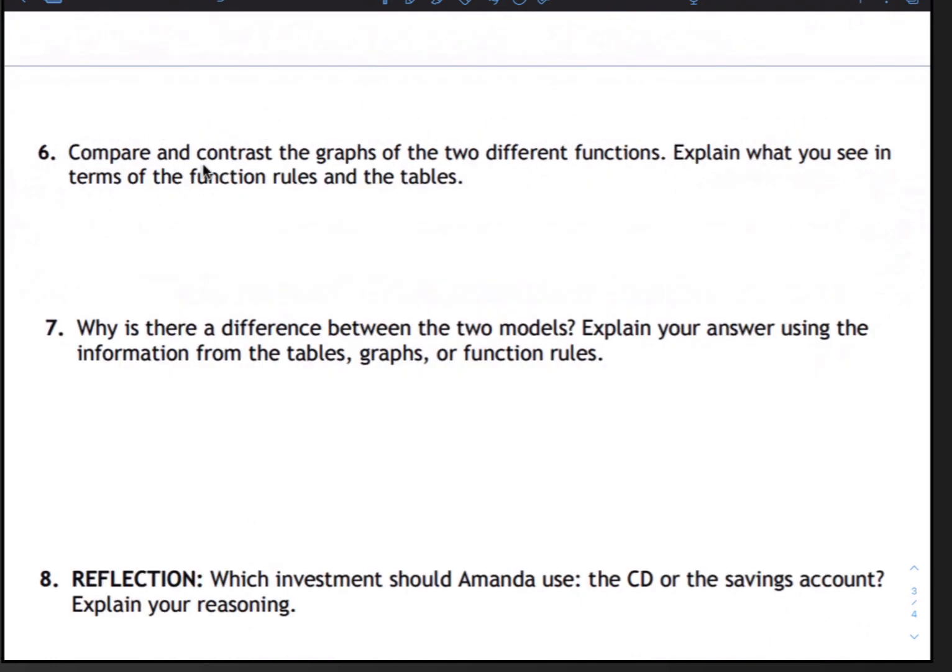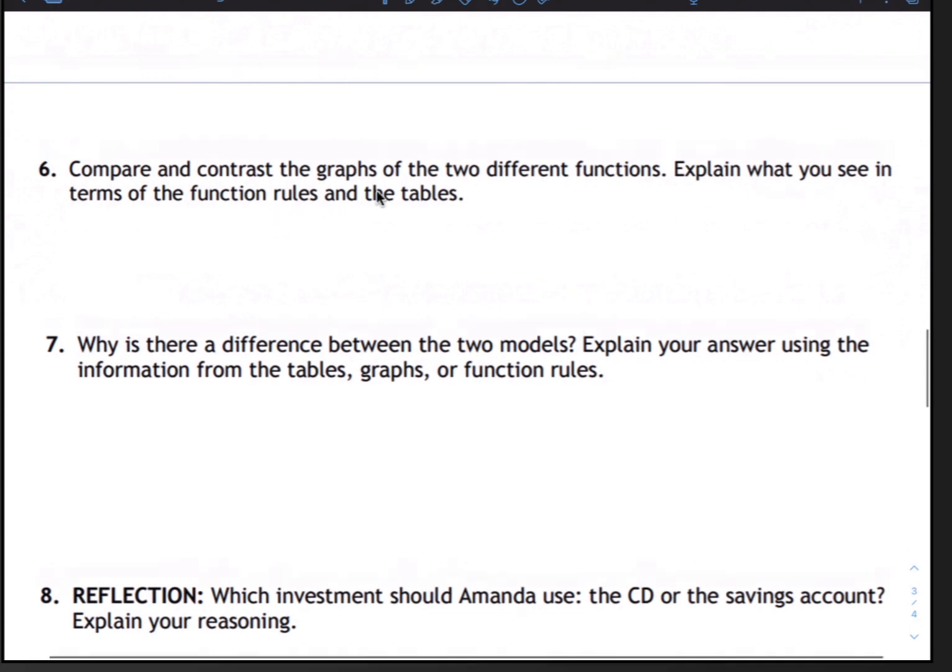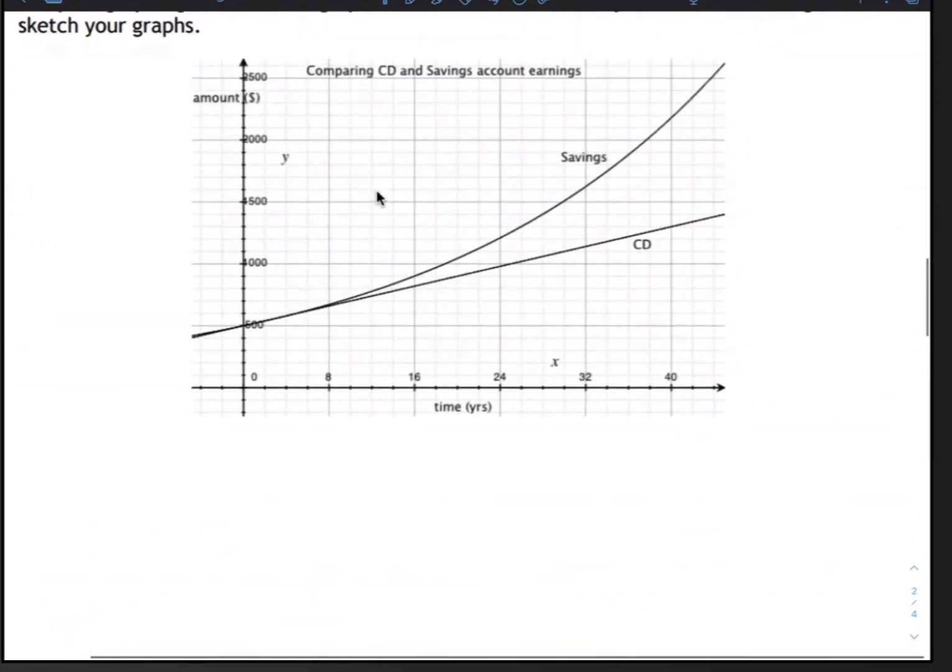All right, problem 6. Compare and contrast the graphs of the two different functions. Explain what you see in terms of the function rules and the tables. Let's look at the two graphs. The savings account, we see that it grows, but it grows at an increasing rate, getting steeper and steeper.